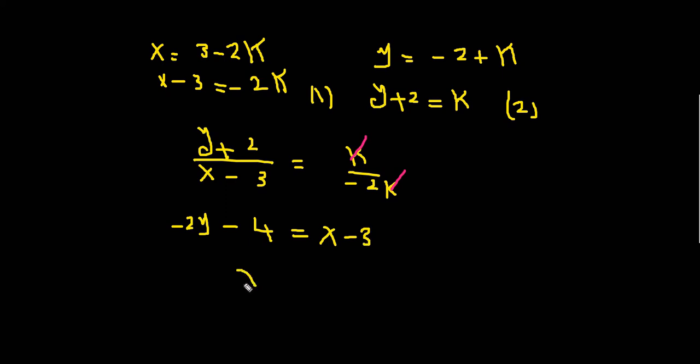Arrange the equation: x plus 2y plus 1 equals 0. That's the Cartesian equation.